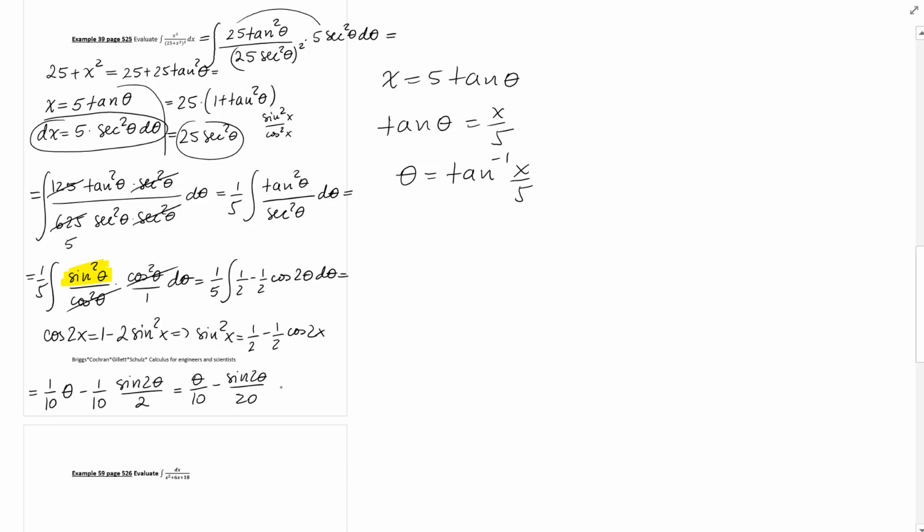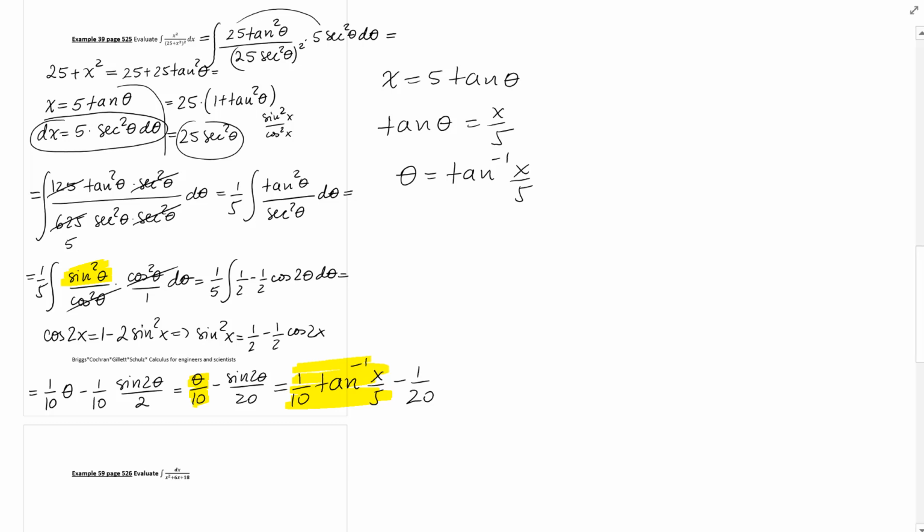So in this case, it's going to give us 1 over 10 tangent to negative 1 of x over 5. This would be theta over 10. And now, I have minus 1 over 20, and we have sine of 2 theta, which is, in terms of cosine, so sine of 2 tangent to negative 1, that would be weird.